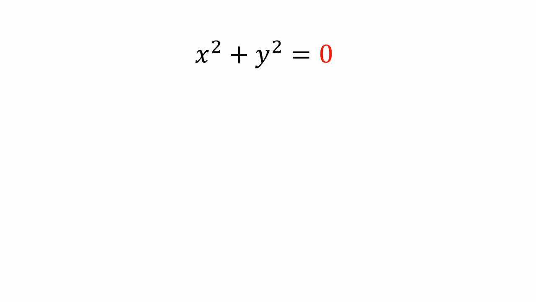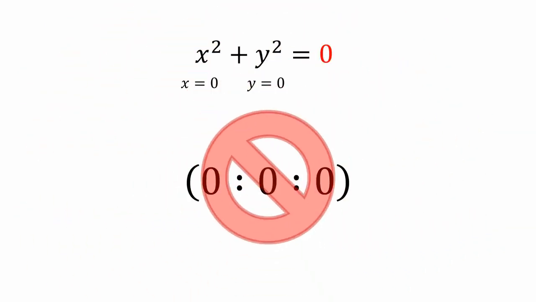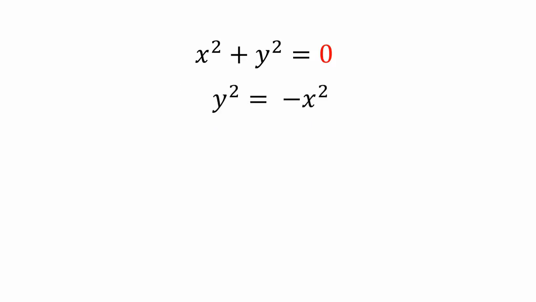It might seem at first that the only solution would be for x and y to both be 0, but this would give us the invalid triple 0, 0, 0. But there's another possibility. If we rearrange the equation to y squared equals negative x squared, and then square root both sides, we can see that there are 2 complex solutions, y equals ix and y equals negative ix.